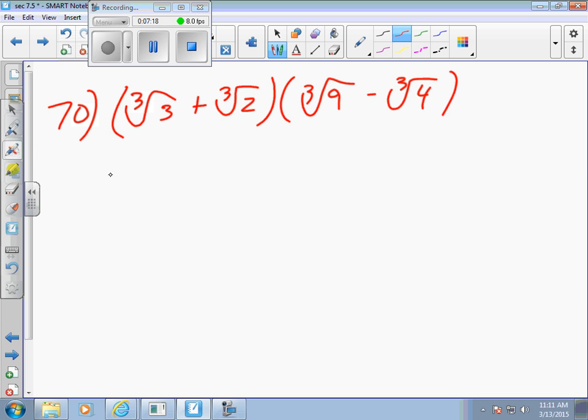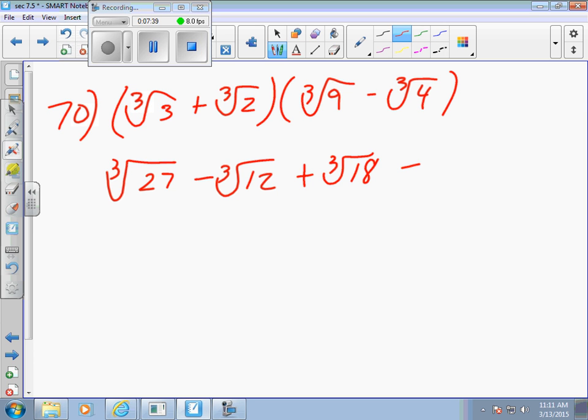Simplifying, because they're the same root, we can multiply. I get 3 times 9 is 27. Outside times outside, I get negative cube root of 12. Inside times inside, I get positive cube root of 18. And last times last gives me negative cube root of 8.